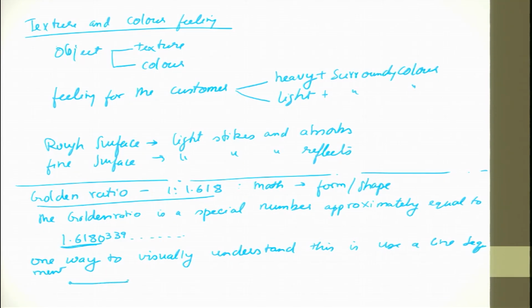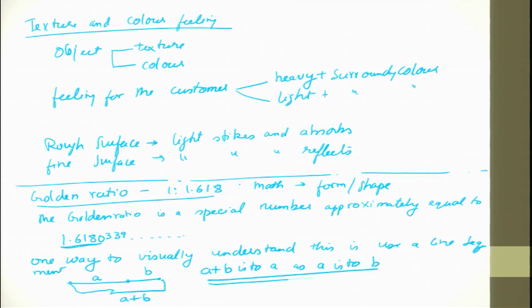We take A, we take B, and this is A plus B. So, A plus B is to A as A is to B. This is very important, which we follow in the golden ratio. So, a mathematical equation can be established.